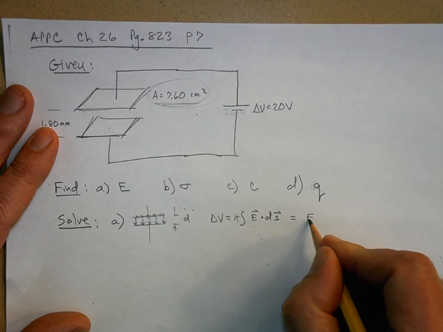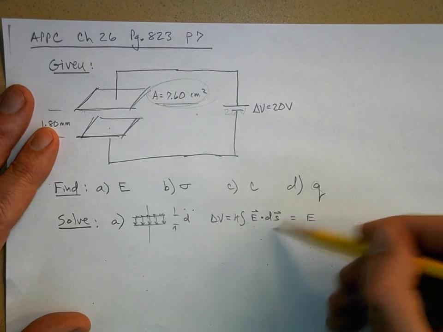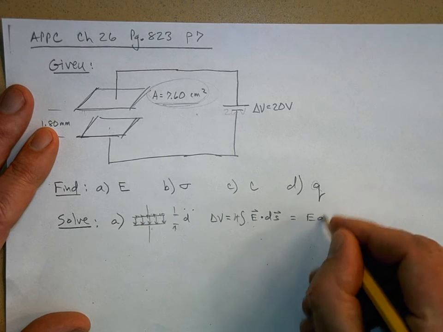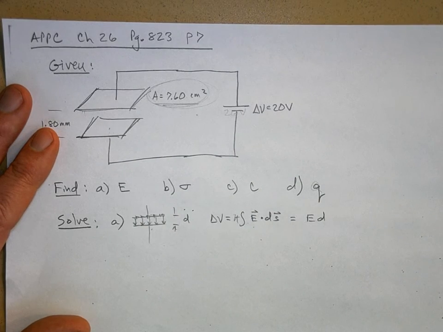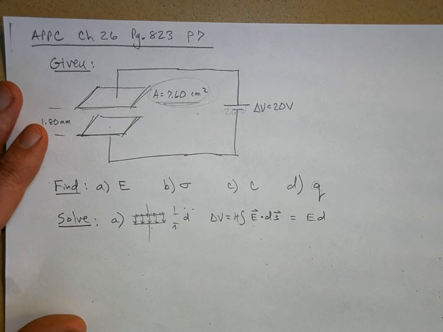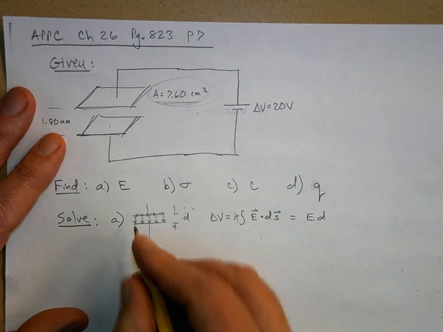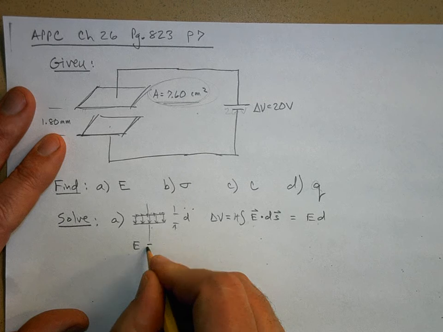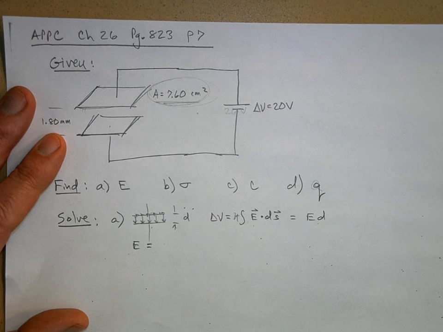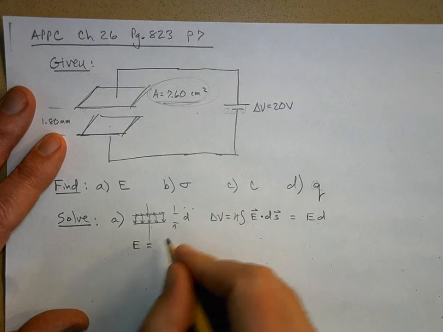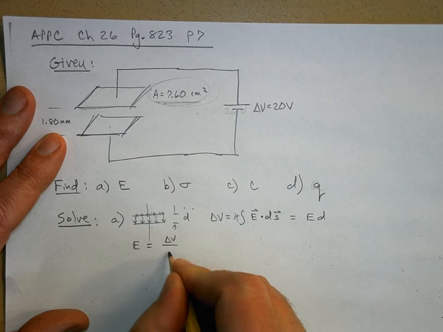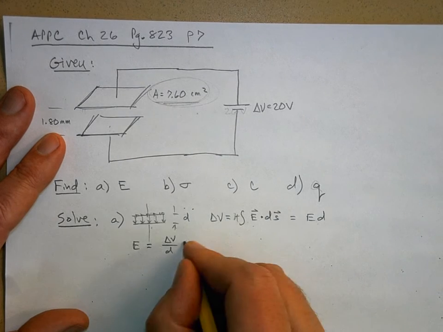When you add up all the ds's, you get the distance across the plates. And so I can say that the magnitude of the electric field is equal to the change in voltage divided by the distance between the plates.